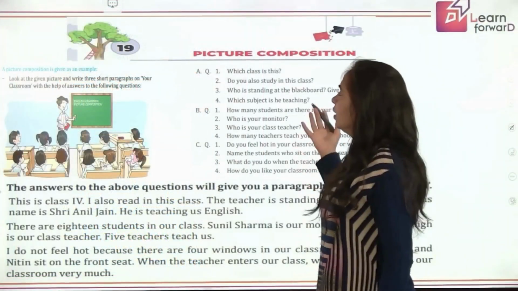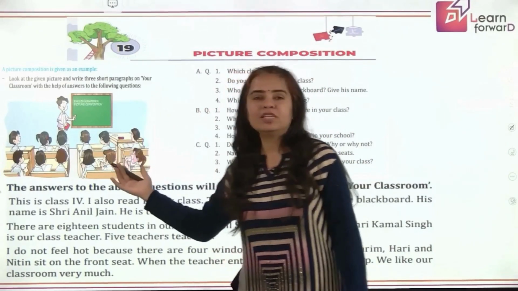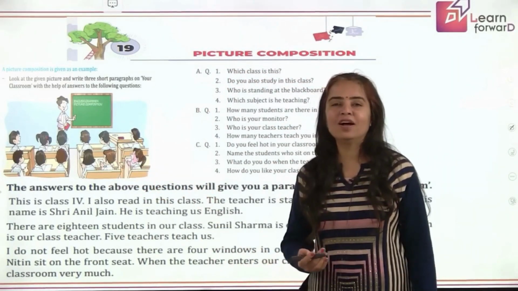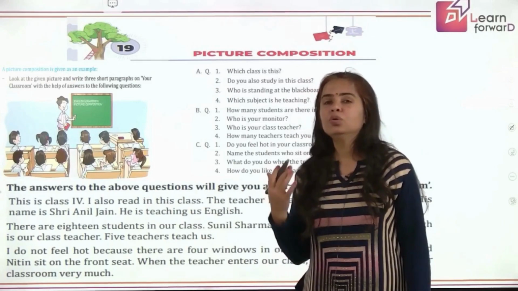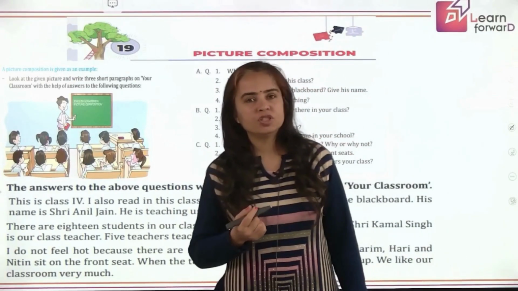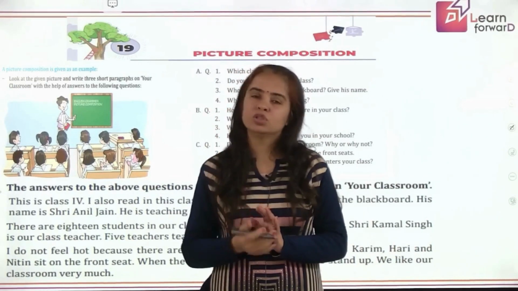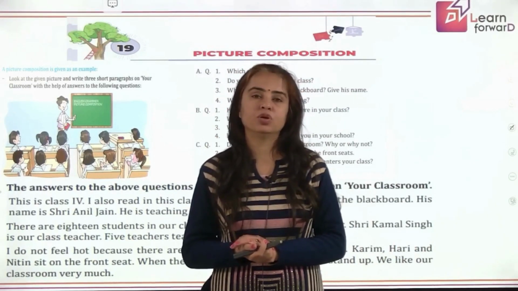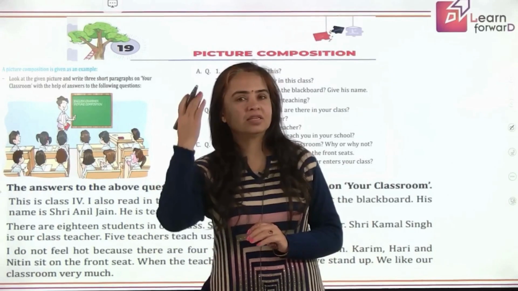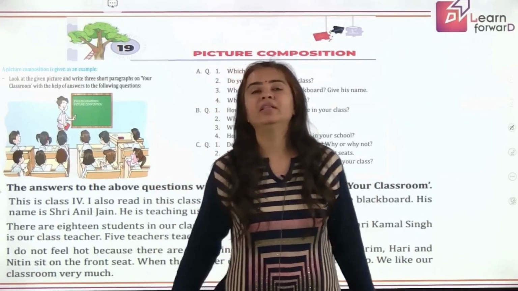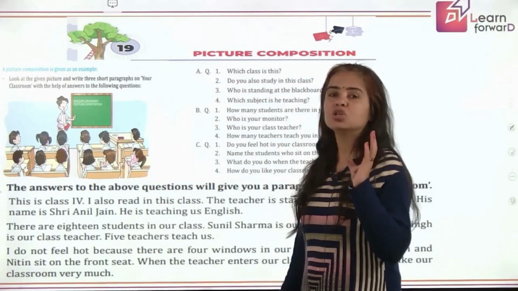So, here is a picture composition for you. What do you see here? This is the scene of a classroom. You know how you make your picture composition easier? Just look at the picture, put some questions to yourself, give them the answers in a sequence, and you are right there with your picture composition, a short paragraph.